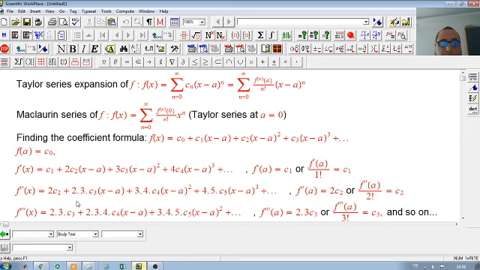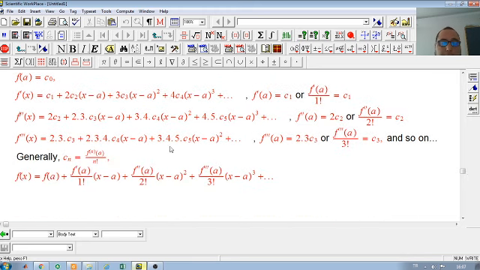And if we put a for x, you will obtain the second derivative at the number a equal to the constant on the right side of the equality, because every term here will be 0 if you write a. And this can be written in this form by writing the number 2 in the denominator on the left side of the equality. Actually we have 1 times 2, which is written as 2 factorial.